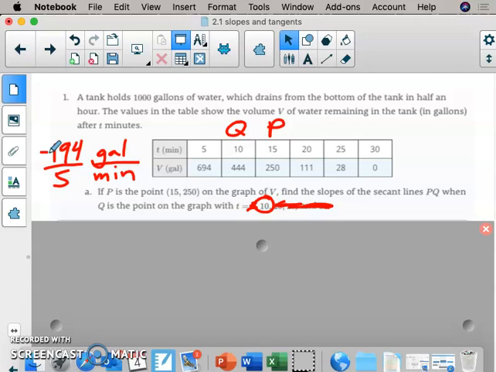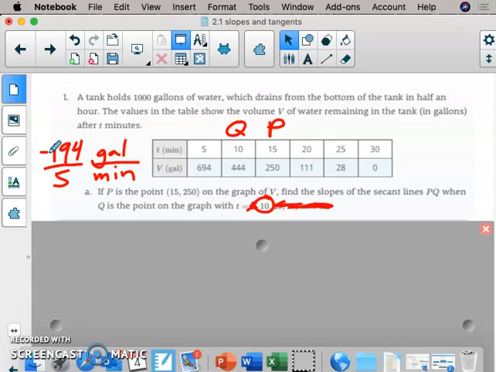That's around negative 38.8. All right, let's just say negative 38. So let's say that the average rate is around negative 38 gallons per minute, right?